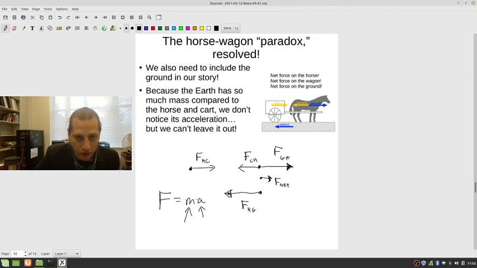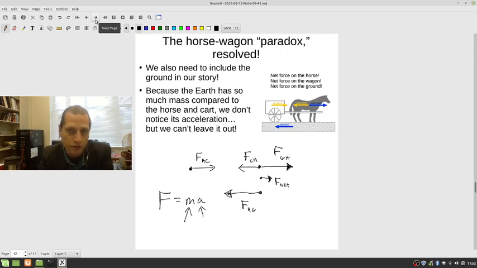So if you have a littler mass, the same amount of force causes a bigger acceleration. The Earth has a truly stupendous mass compared to that of the horse, so it experiences virtually no acceleration.